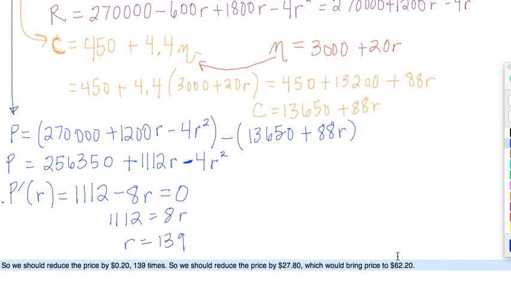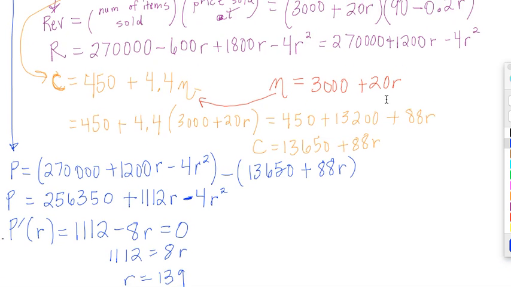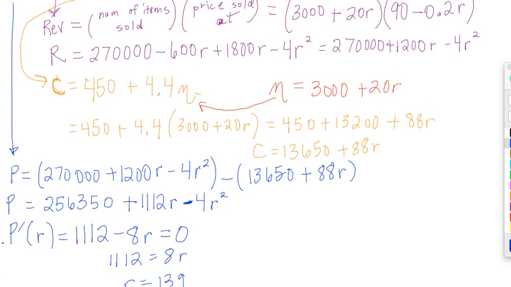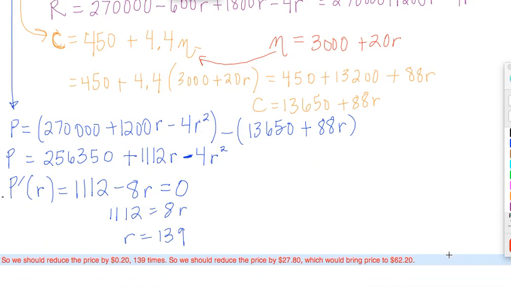Now we need to figure out how many items we're actually going to be selling, which brings us back up to N. So N is going to be 3,000 plus 20 times R, which we found to be 139.